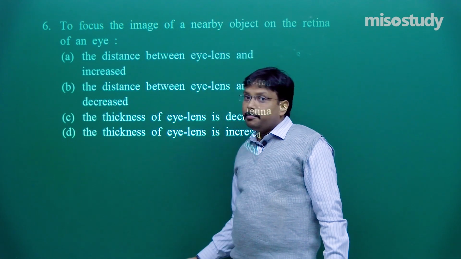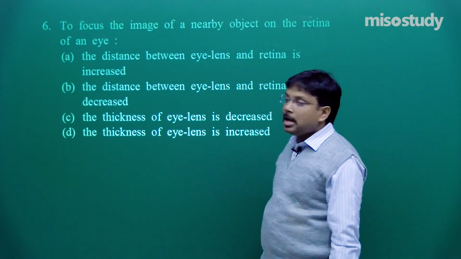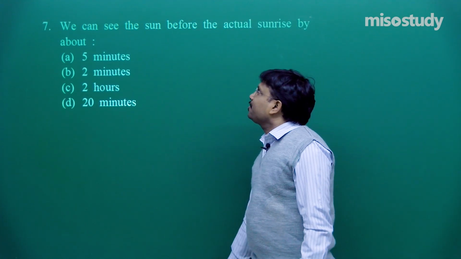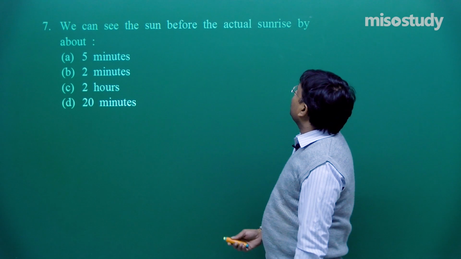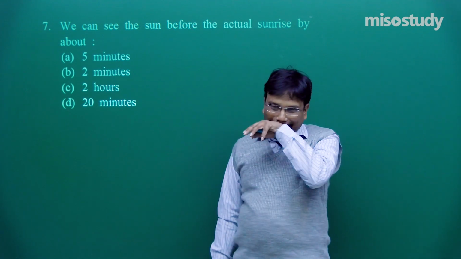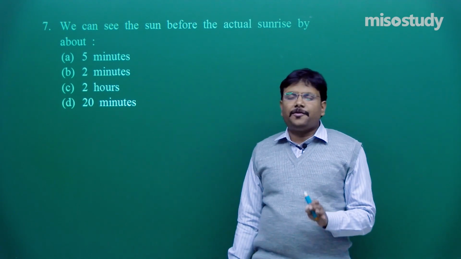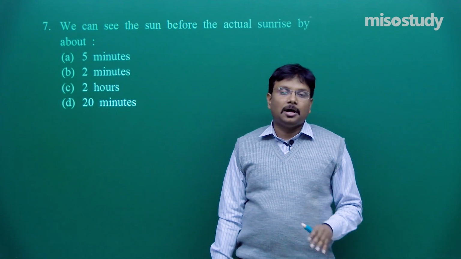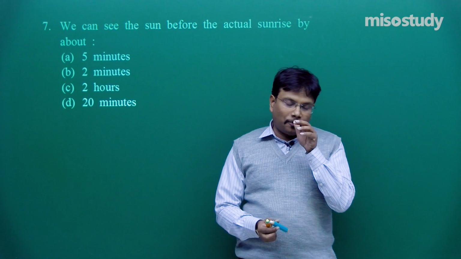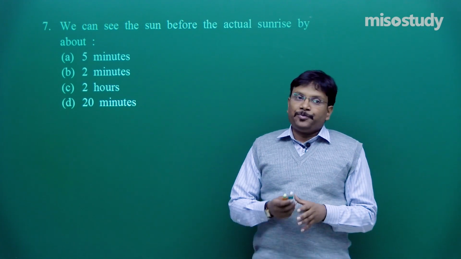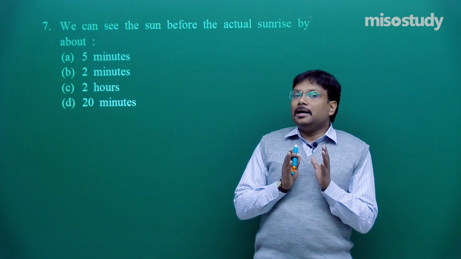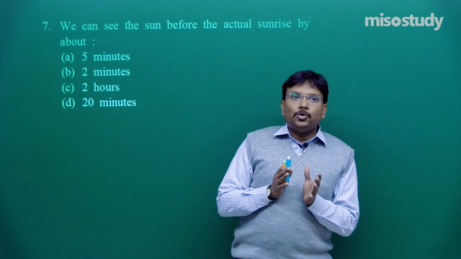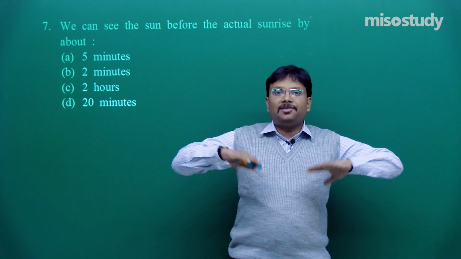Then question number 7. Now in question number 7, we can see the sun before the actual sunrise by about... Here I very specifically explained, not once but twice and thrice, during the explanation of the topic of scattering, that there is an actual delay in sunset and an actual advance in sunrise.